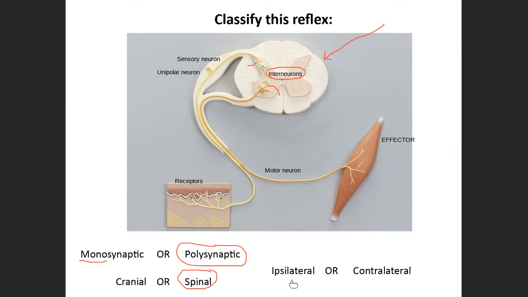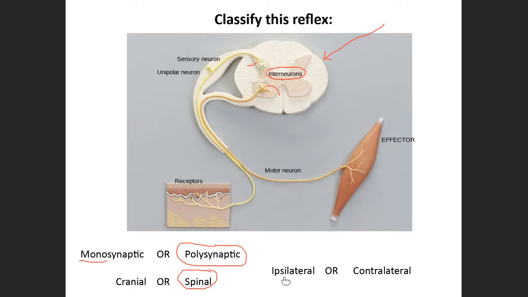The last thing that I asked us to do with our reflexes is to classify whether they are ipsilateral or contralateral. And this has to do with the side of the body that responds to a reflex, or the sides of the body that are responding. If I use this word ipsilateral, what does ipsilateral mean?